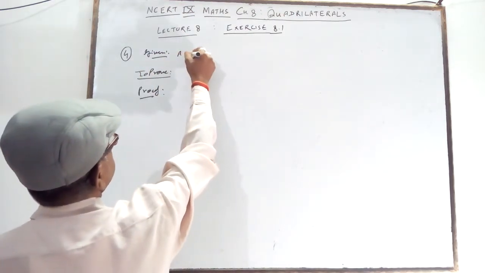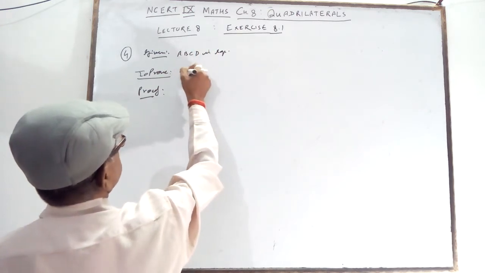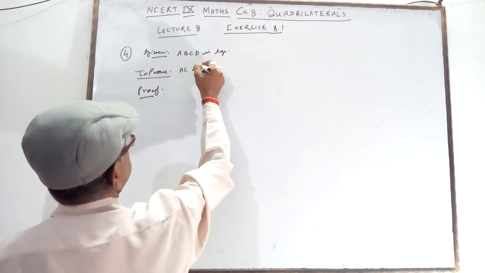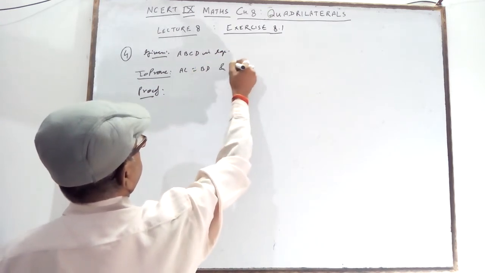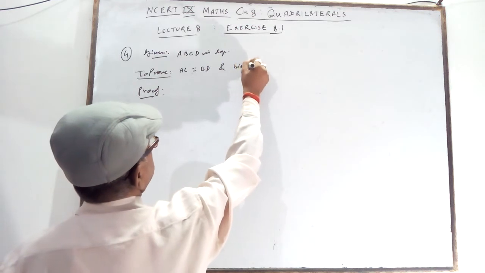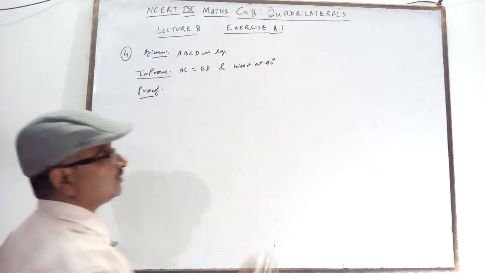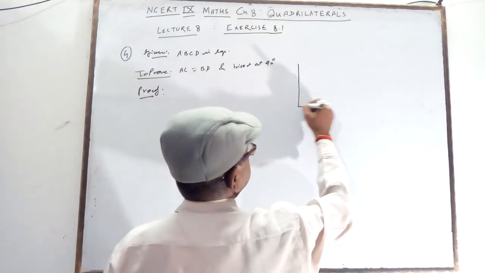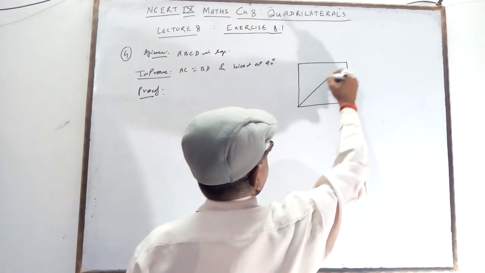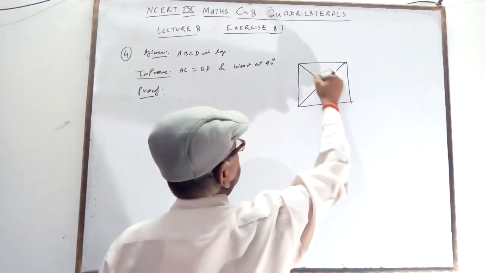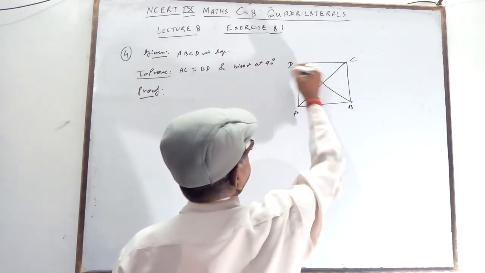Given ABCD is a square. To prove AC is equal to BD and they bisect each other at 90 degrees. Square is given. Draw the square, A, B, C, D; the properties of a square you will apply here.